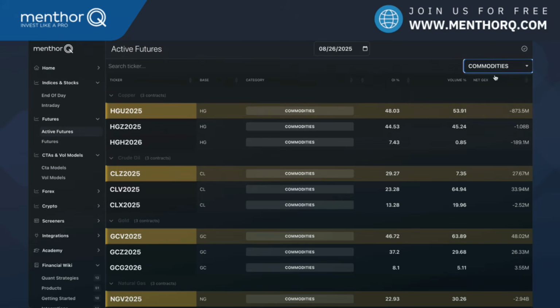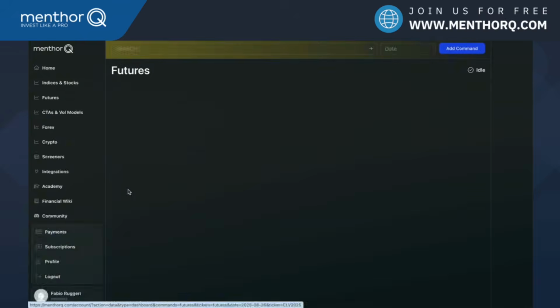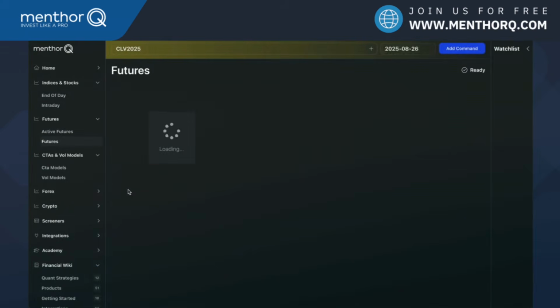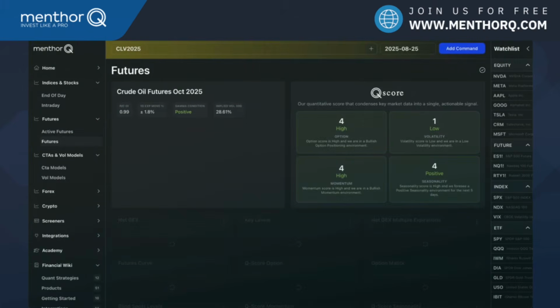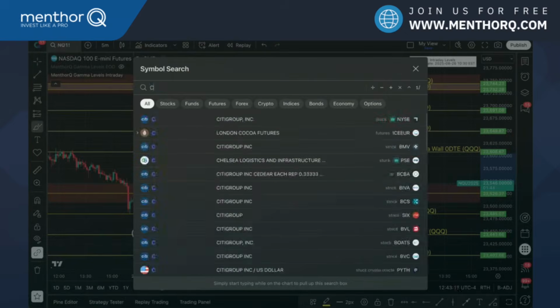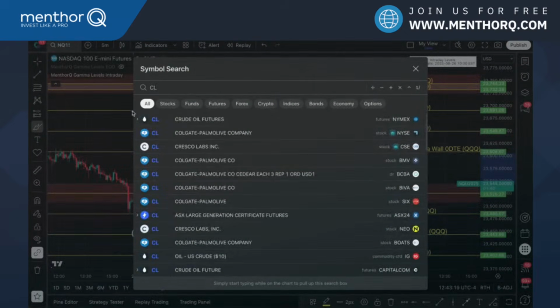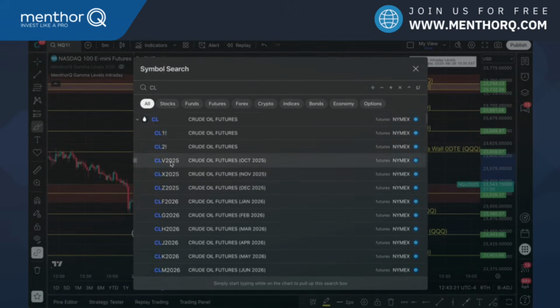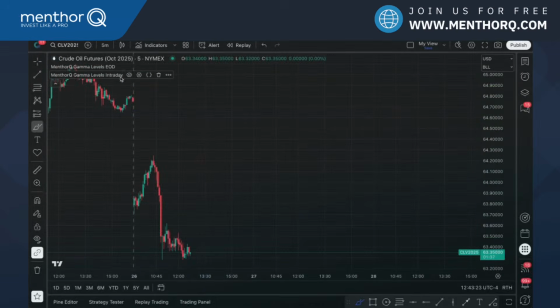If we look at commodities, for example, Crude, we see that most of the volume is on the CLV contract. Most of the open interest is actually on the CLZ, so we can open both. There's a similar open interest. I'm just going to use this one for now. So we can open our CLV chart here, and then we can open our levels right there.